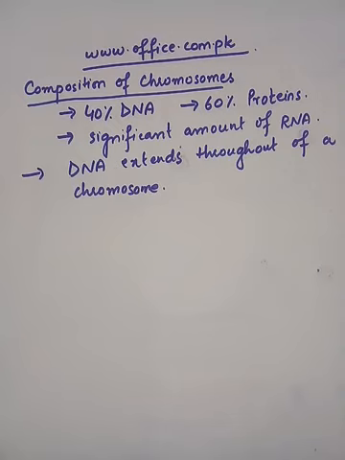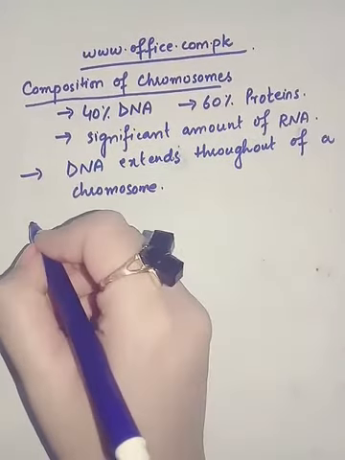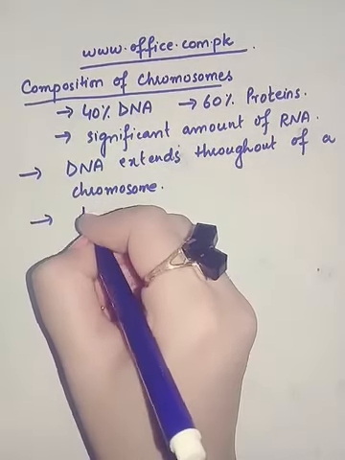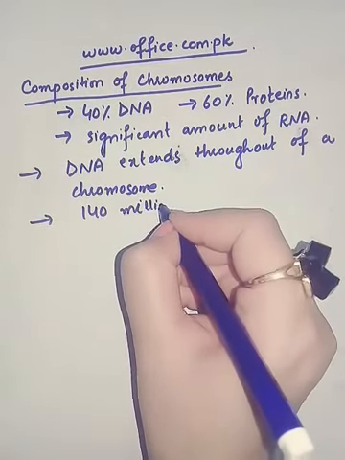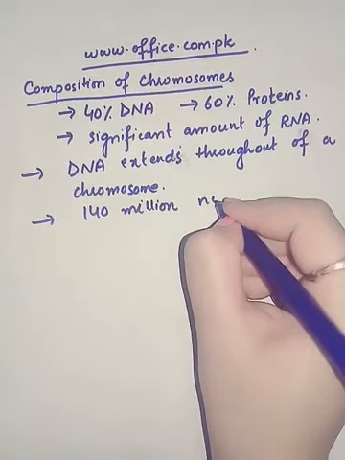So we know that DNA is a double helical, coiled structure which is present throughout the entire length of the chromosome. And a typical human chromosome consists of about 140 million nucleotides of DNA. In a single chromosome, there are 140 million nucleotides.